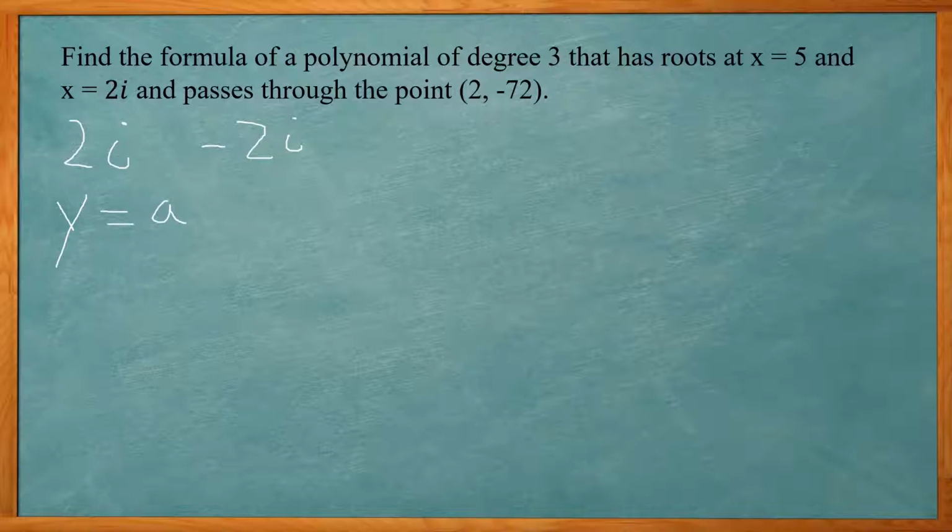We have a root at 5, so that's going to be x minus 5. Then our root at 2i is going to be x minus 2i. And our root at -2i is going to be x minus -2i, or x plus 2i.